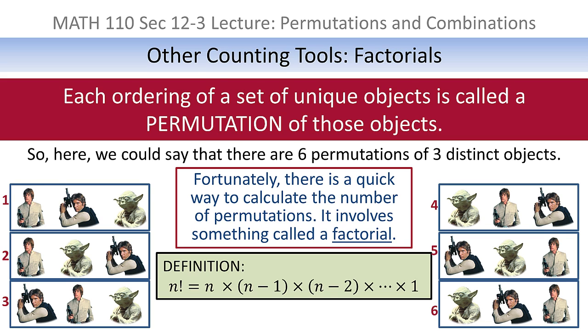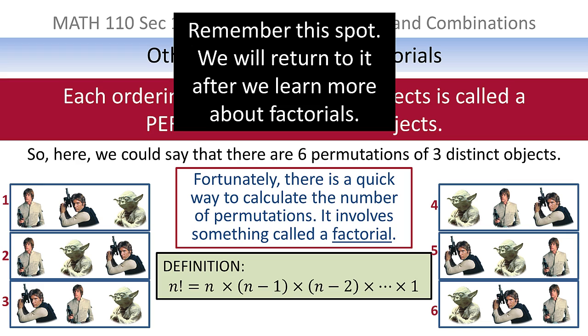That's called a factorial. Now, I want to return to this problem, so remember this spot, but because the solution to the problem we were looking at originally involves factorials, I want to jump off to the side and talk a little bit about factorials, and then we'll come back to this exact same spot.